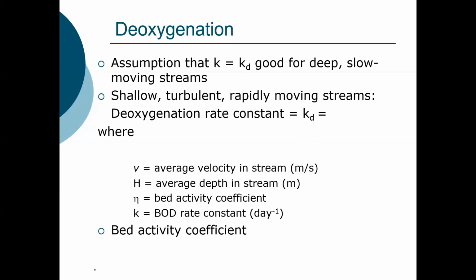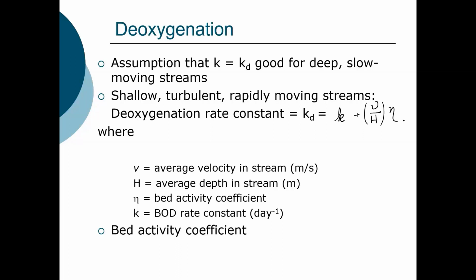However, for shallow, turbulent, rapidly moving streams, we can relate the deoxygenation constant to the BOD rate constant using this equation here. So K is the BOD rate constant plus V, the velocity of the stream, divided by the average depth of the stream times the bed activity coefficient.